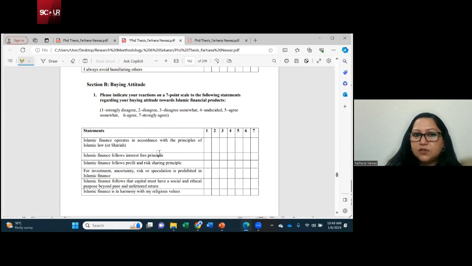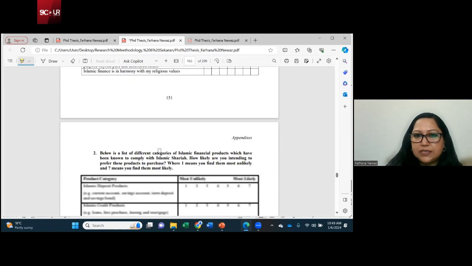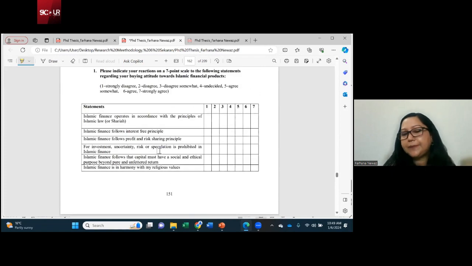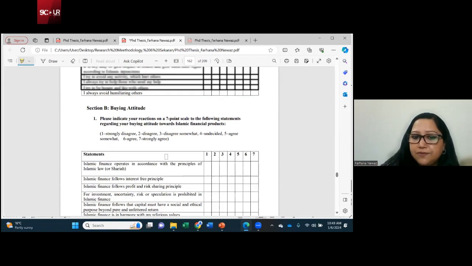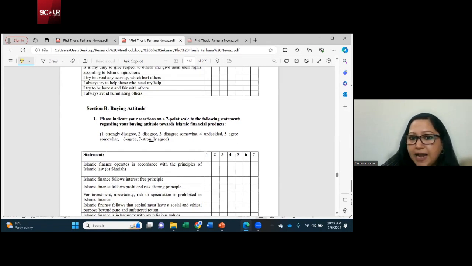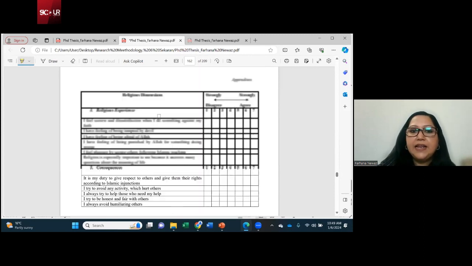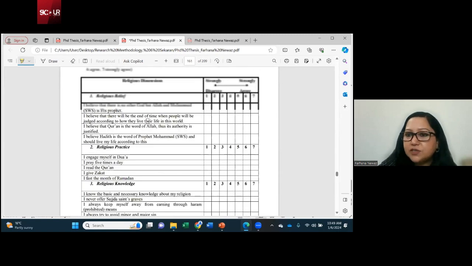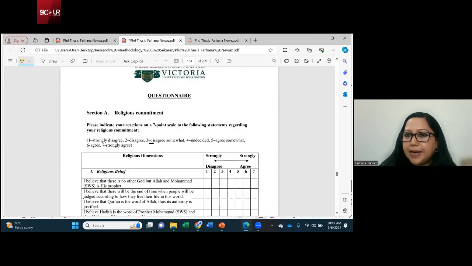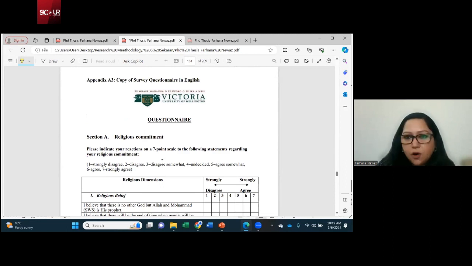So we use the existing scale, and when you are writing the research methodology part, at that time you also need to mention which author's scale your variables' items have been taken from. Your religious commitment has been measured using which author's scale, right?